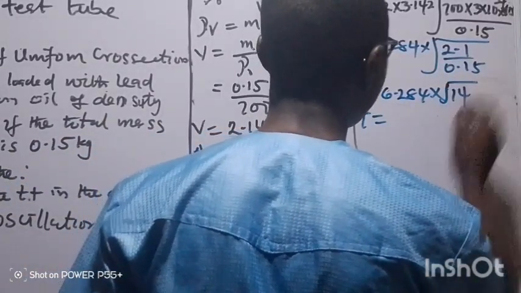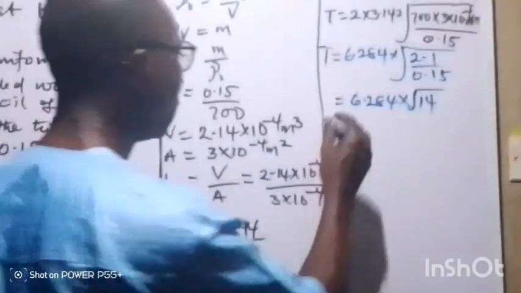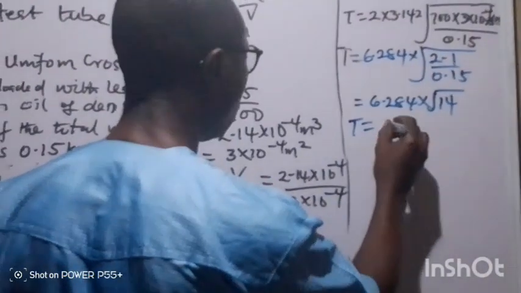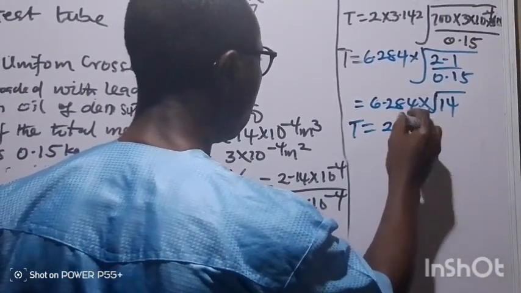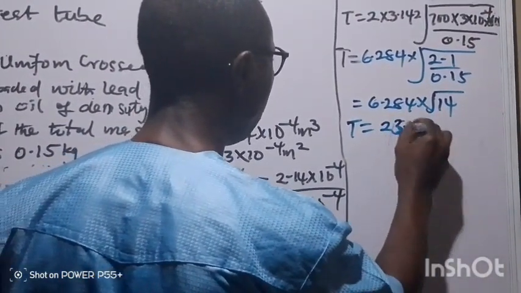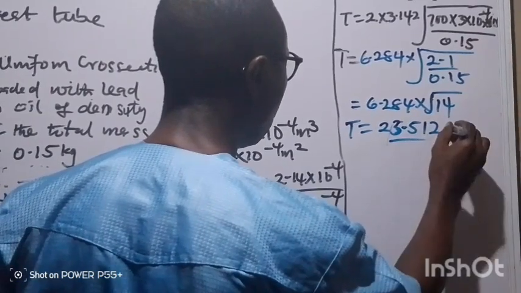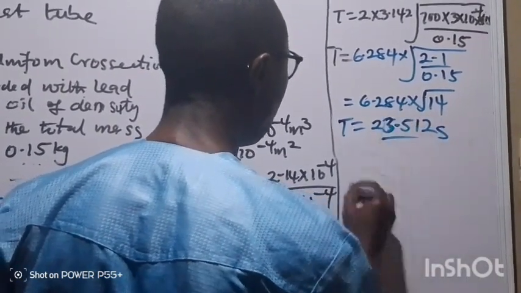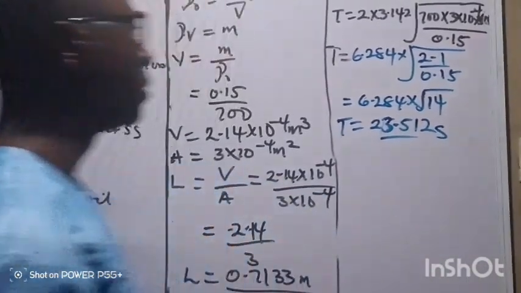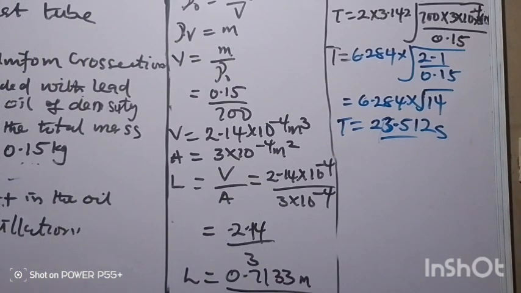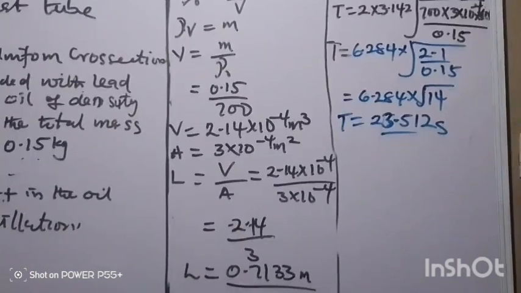Then T now is equal to 23.512 seconds. That is the period of its oscillation. And that's all for example 2.